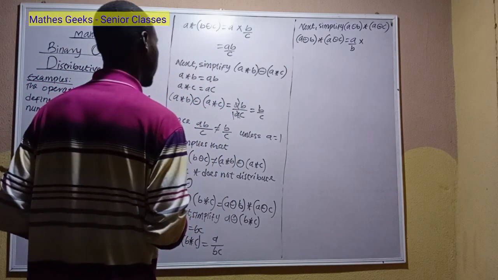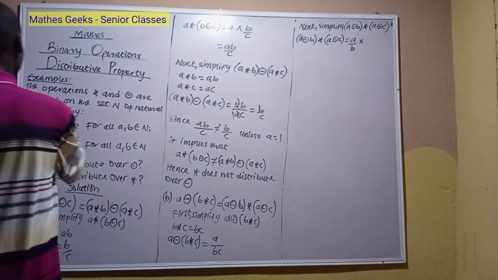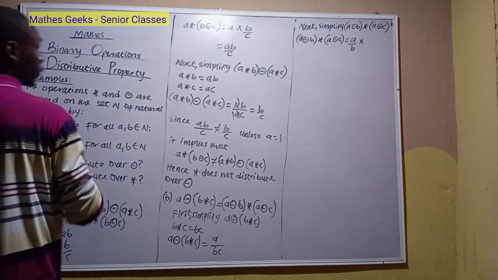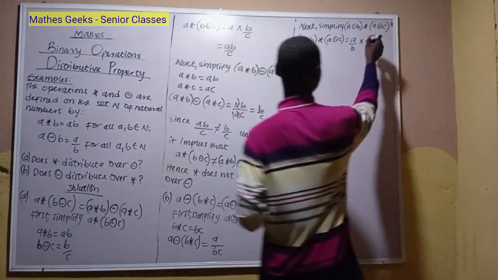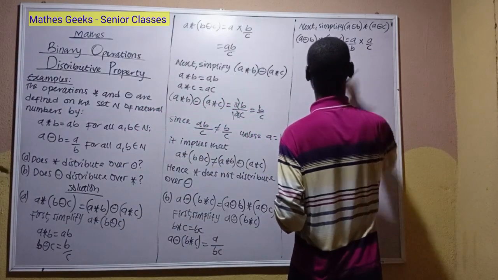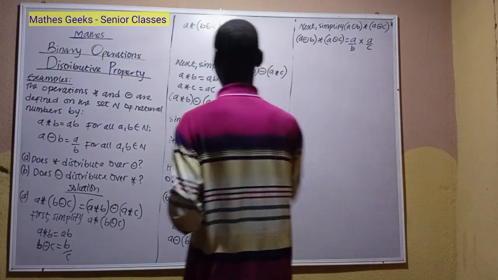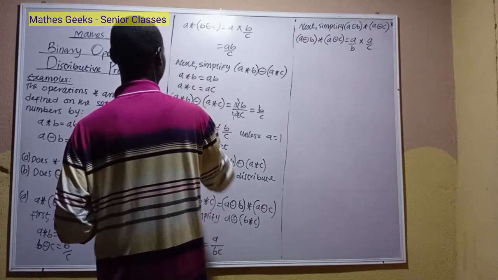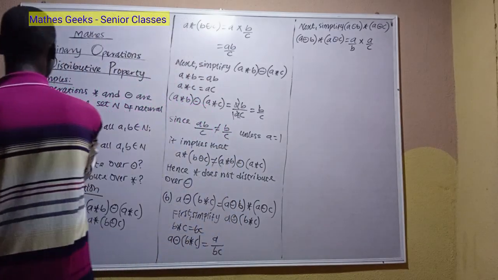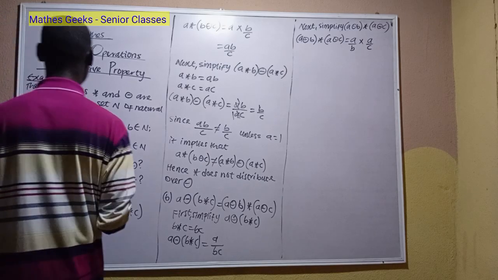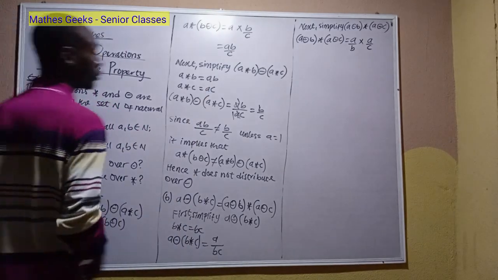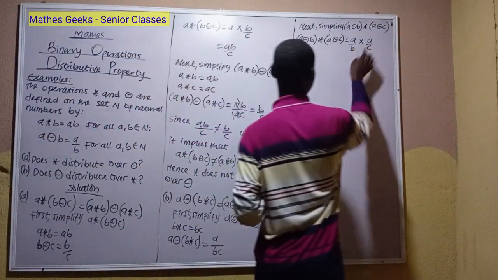If C replaces B, that would be A over C, because A operation B is equal to A over B. So if C replaces B here, that means here will be A over C, and we have A over C here.